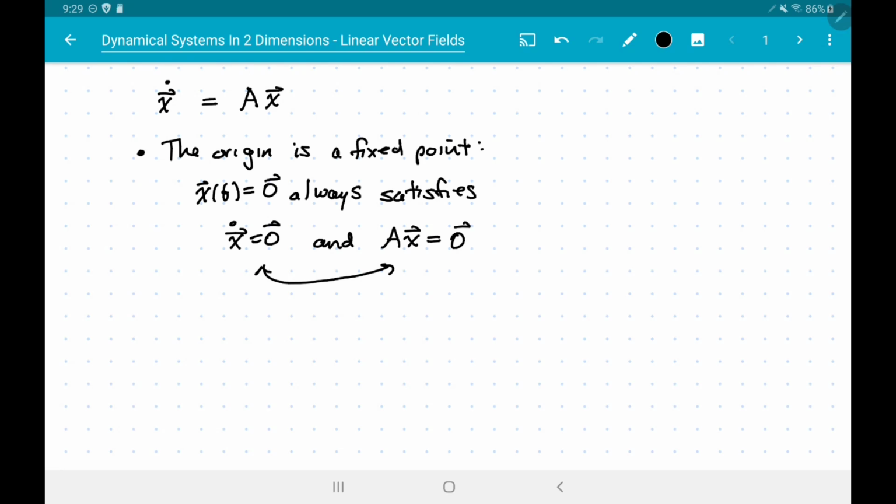We can look to see whether it's stable or unstable, and so we can talk about stability of the origin.